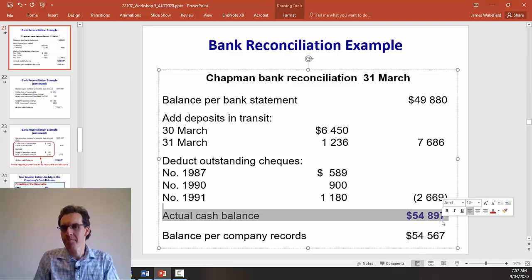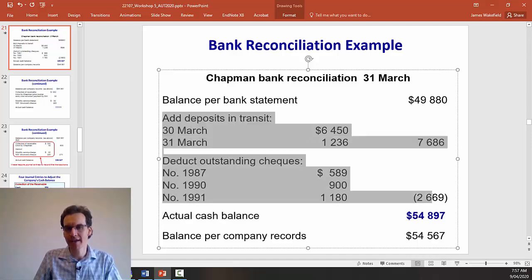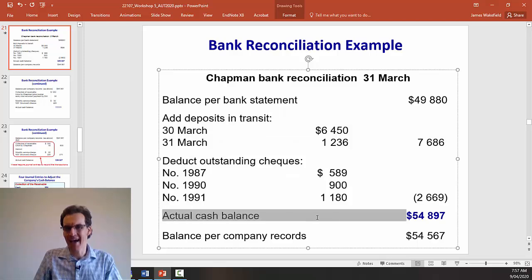So that basically means, as part of the bank reconciliation, we have discovered information that the bank has yet to process, which is reflected here. After they process all that, the actual balance that should be in the bank statement should be $54,897.